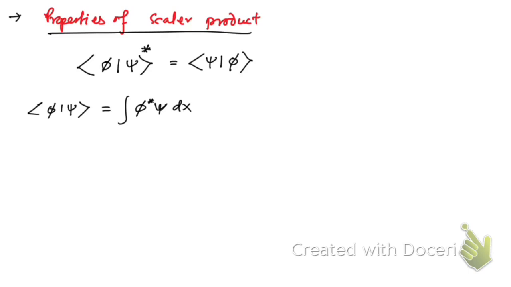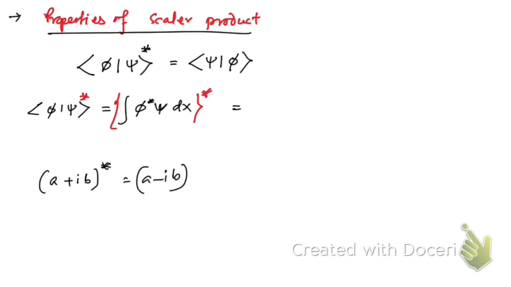So now you see, if you take the complex conjugate of the left hand side, then you have to take that on the right hand side as well. And if you do so, suppose we have a complex number a plus ib, its complex conjugate is a minus ib. Then if you take the complex conjugate again, you're gonna get a plus ib again. That's why we have the complex conjugate of phi here. So if you take the complex conjugate again, you're gonna get phi.